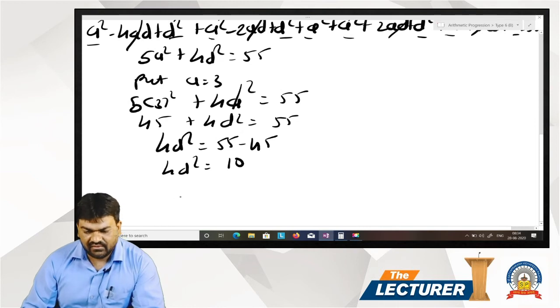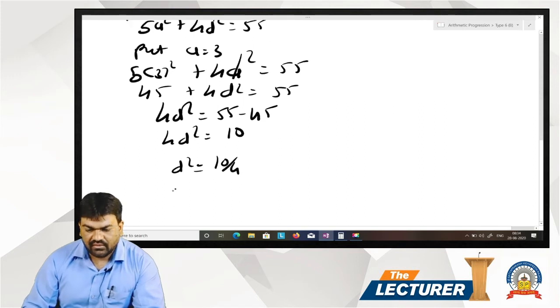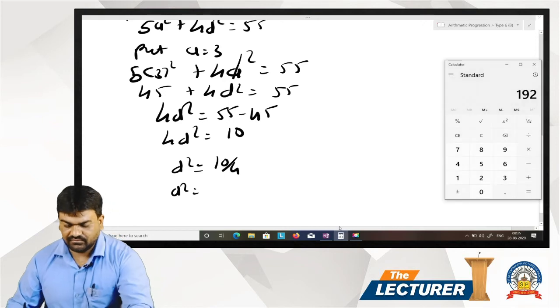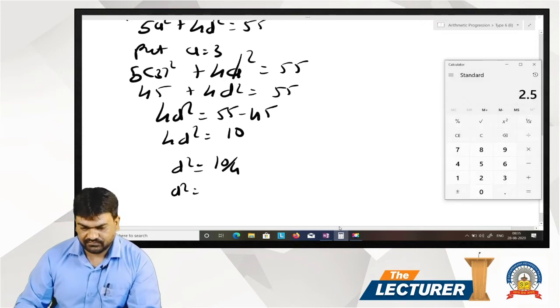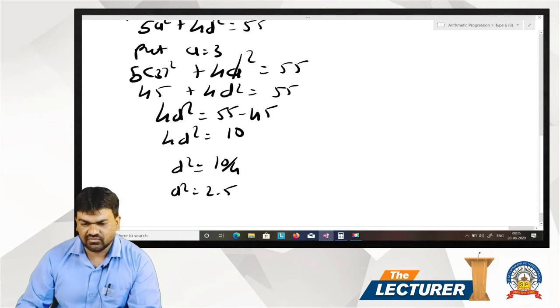So d square is equal to 10 by 4, that is 2.5.